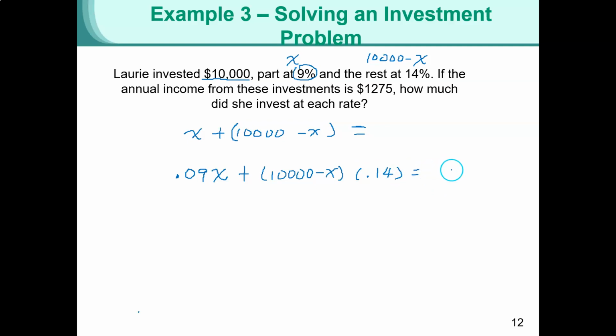Sum these two, that would be the investment interest money, which is 1,275.